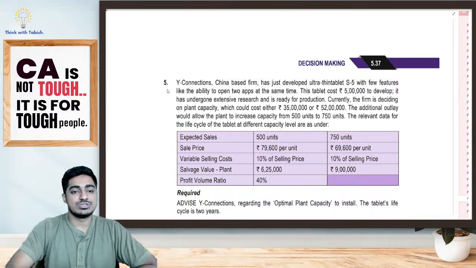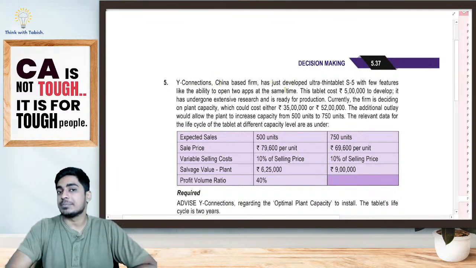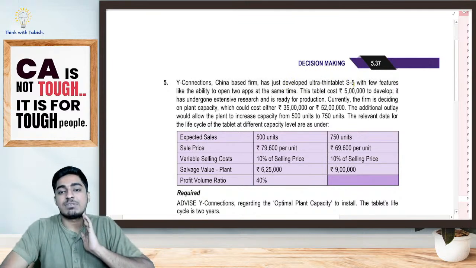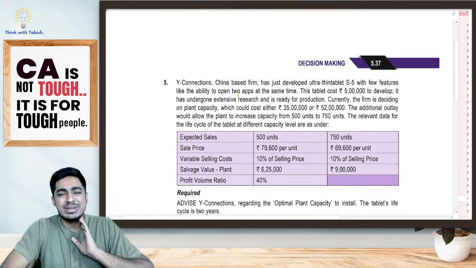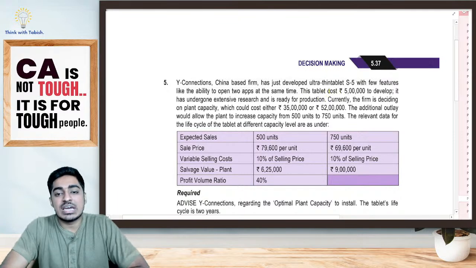Look at the question, students. Y Connections, a China-based firm, has already developed ultra-thin tablet S5 with new features like the ability to open two apps at the same time. Now, the tablet cost 5 lakh rupees to develop.